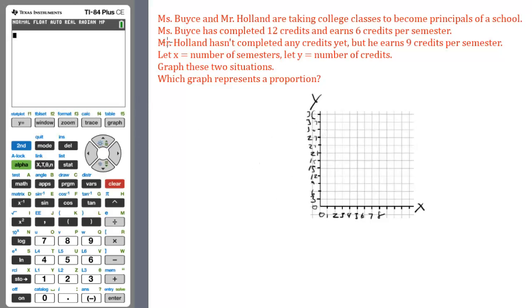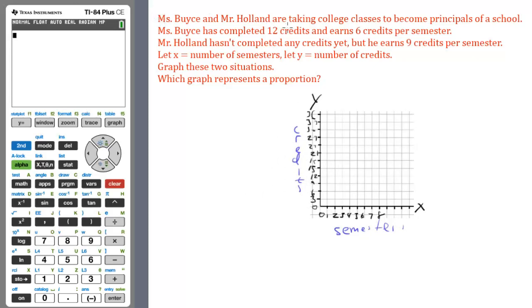Okay, so let's do Miss Bice first. Miss Bice has already completed 12 credits. So when the number of semesters is 0, let's do Miss Bice in blue. When Miss Bice starts, she already has 12 credits. And actually, before I do that though, let me make this semesters, and this credits.